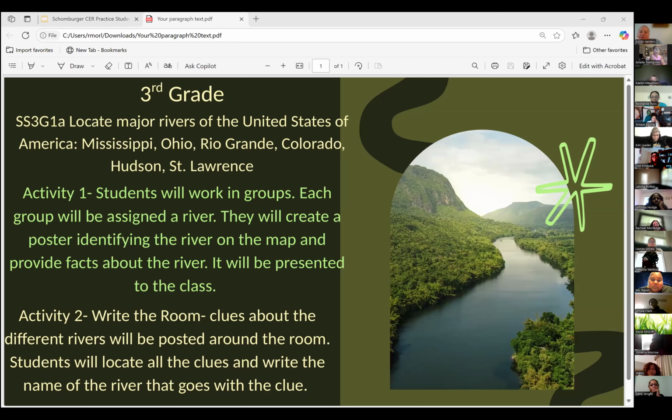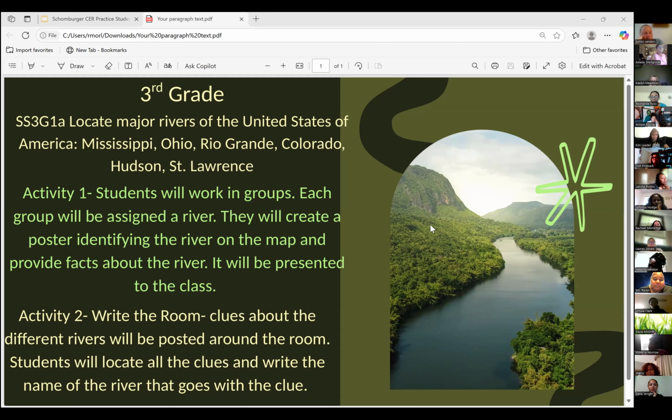Okay, so I have a third grade standard, SS3G1A, locate major rivers of the United States of America: the Mississippi, Ohio, Rio Grande, Colorado, Hudson, and St. Lawrence. So the first activity, they'll work in groups and each group will be assigned a river and they'll create a poster identifying the river on a map and then provide some additional facts about the river and then they'll present those to the class.